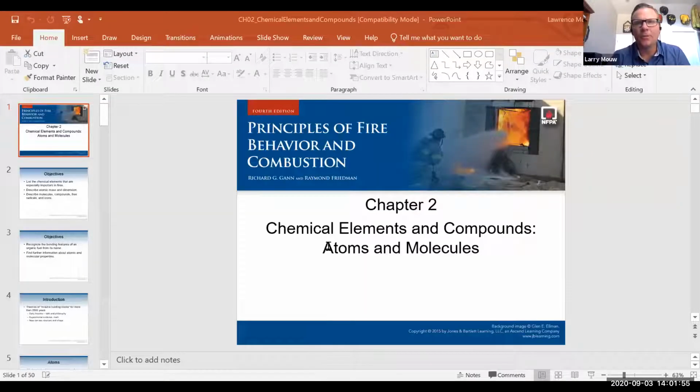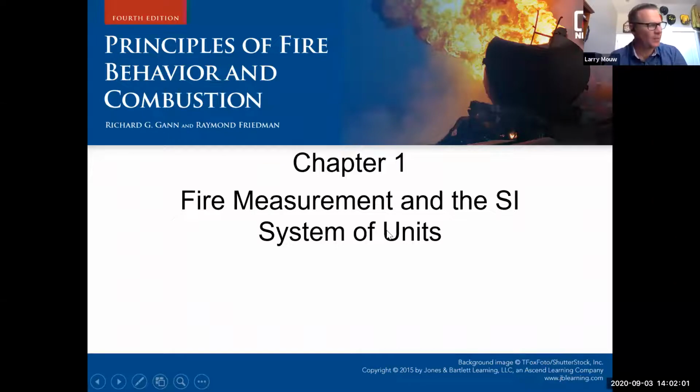So chapter 2 deals with chemical elements and compounds, atoms, and molecules. So this is kind of like chemistry for those of you who enjoy chemistry. You'll probably be able to do very well in this class.